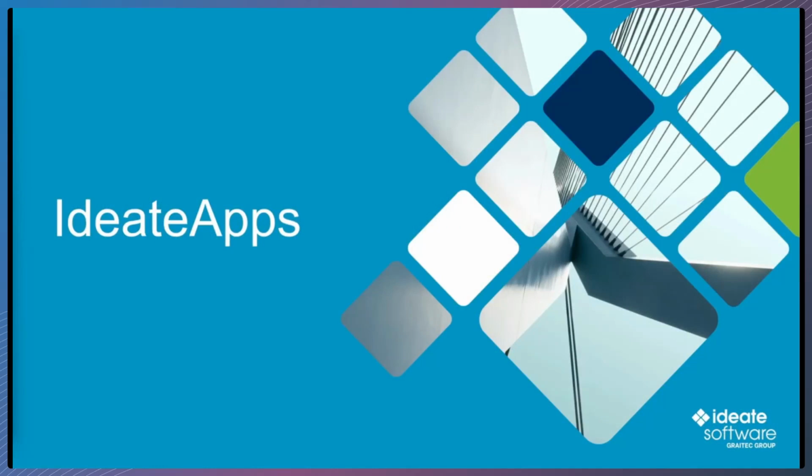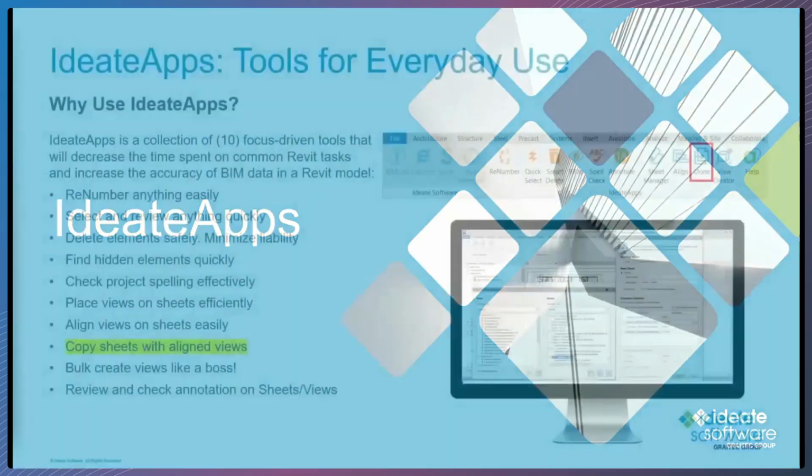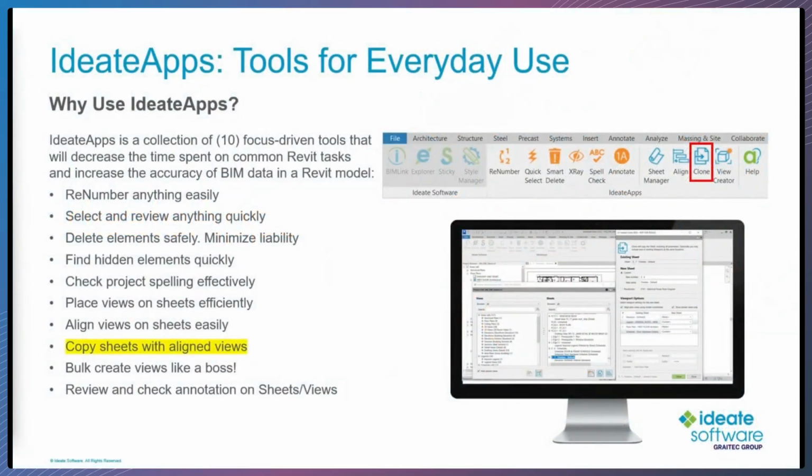So the clone tool that we're going to cover today is part of the Ideate app suite, which essentially includes 10 productivity tools within Revit as part of the Revit plugin. So just a brief introduction into Ideate apps. Ideate apps focuses on common Revit tasks that improves workflow efficiencies.